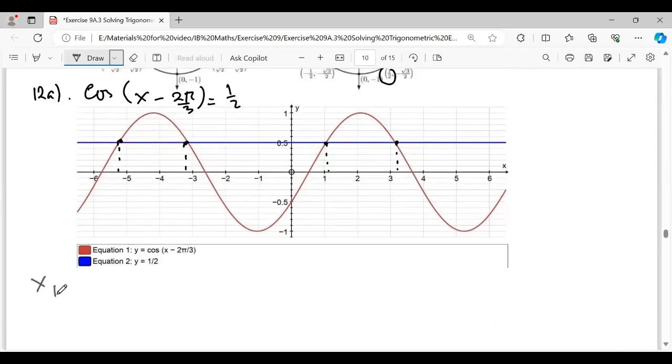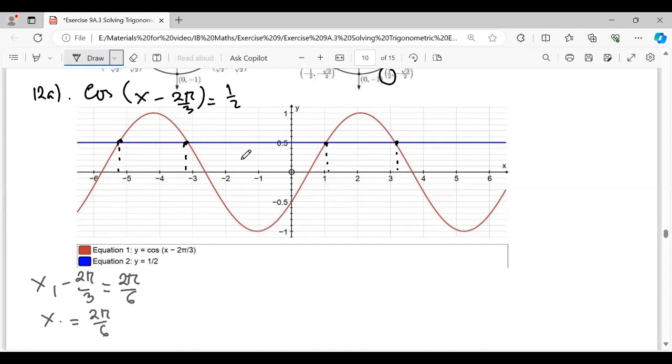So x minus 2 pi third equals firstly 2 pi over 6.